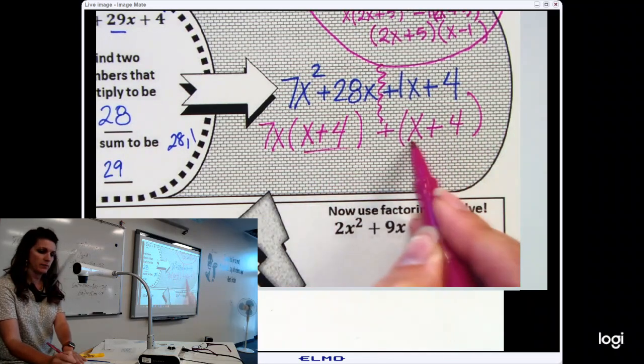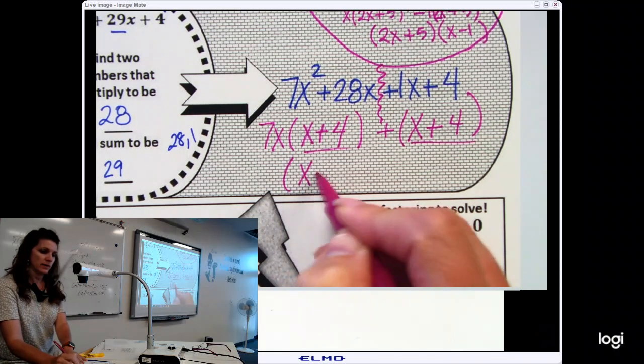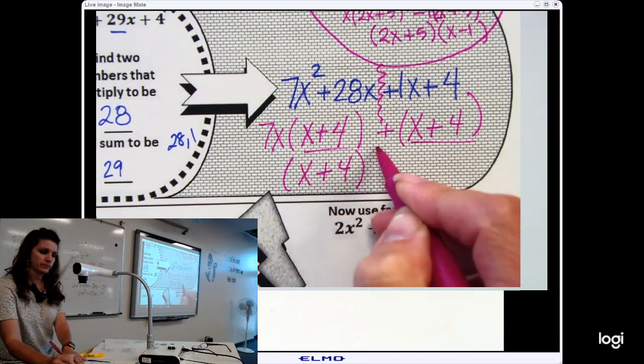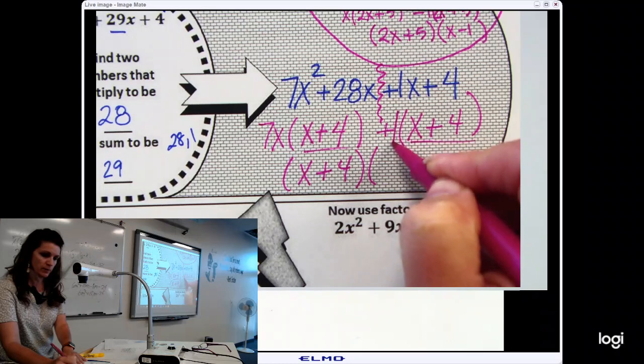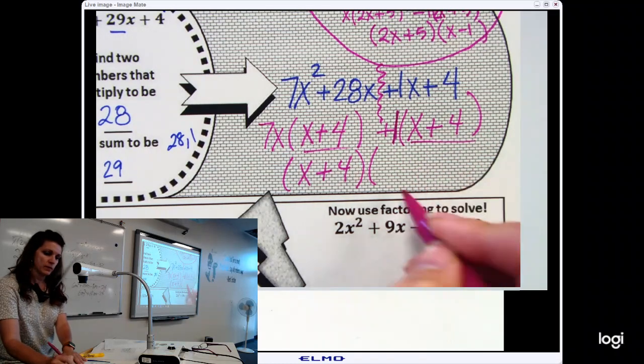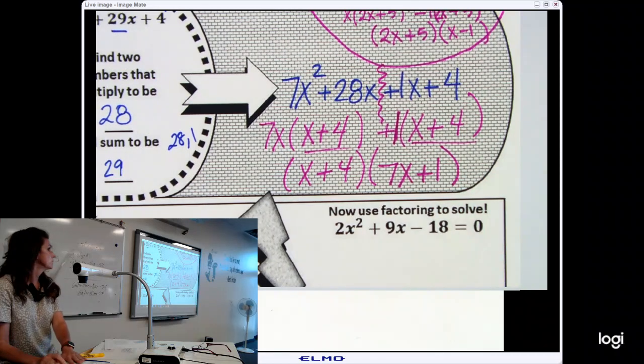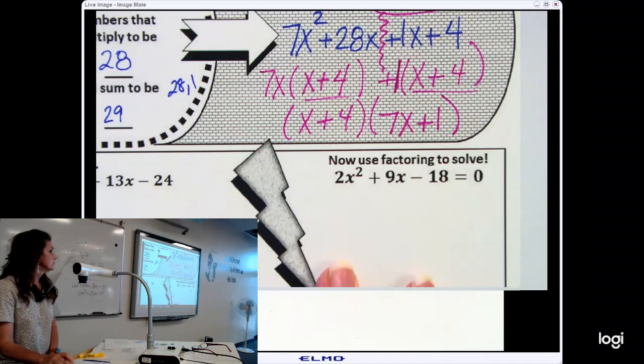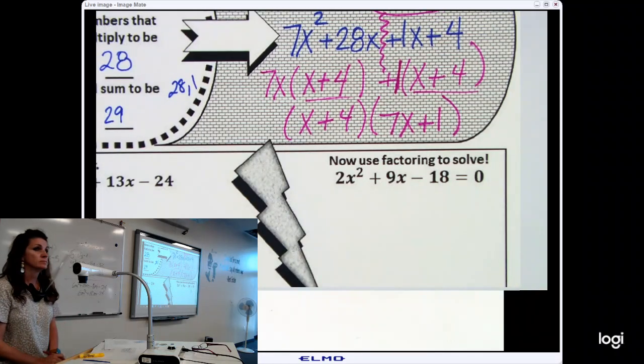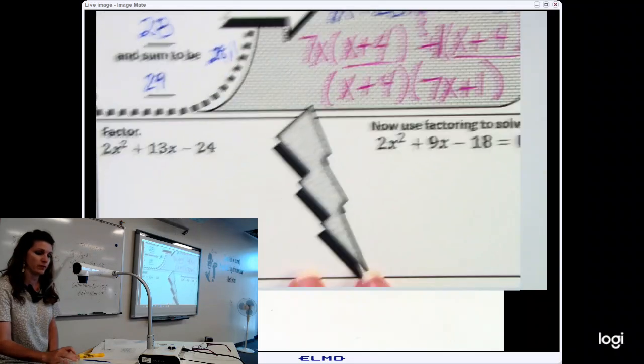Got matching parentheses. x plus 4. Whoops, I forgot to write my 1 there. It turned into a parenthesis. 7x plus 1. I keep saying it, but I have actually been so impressed with how well you guys are factoring. This is a big deal, and you guys are doing very, very well.